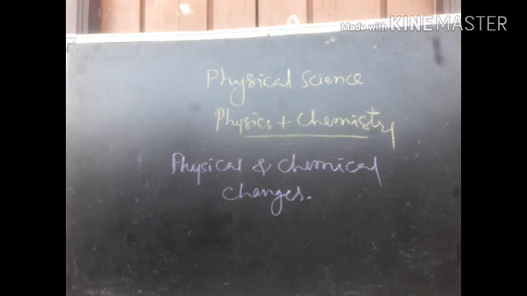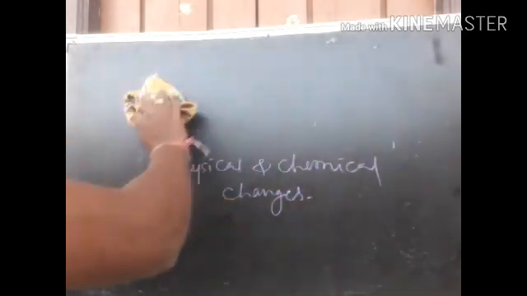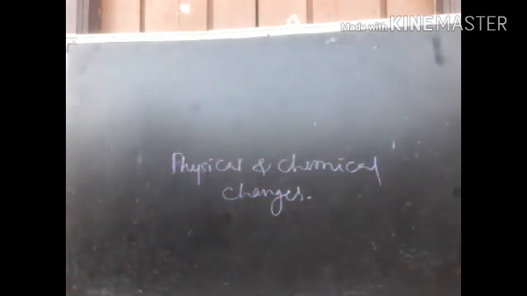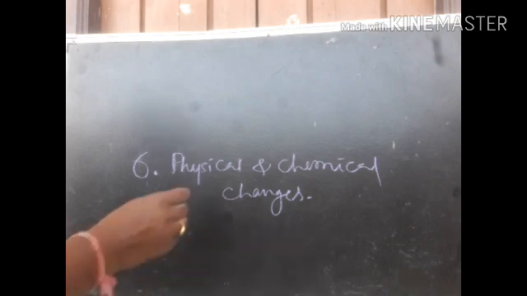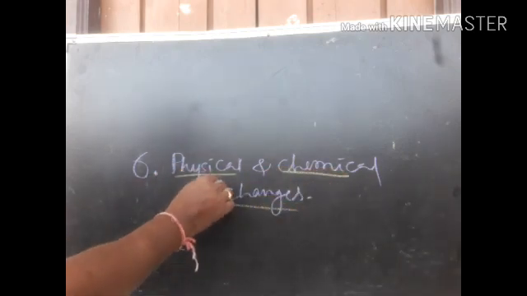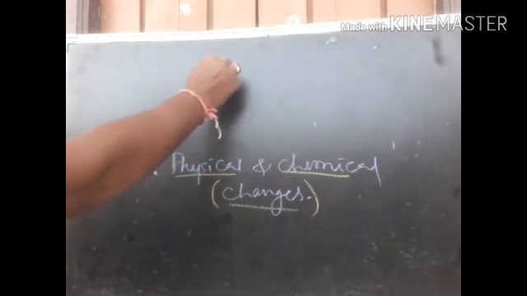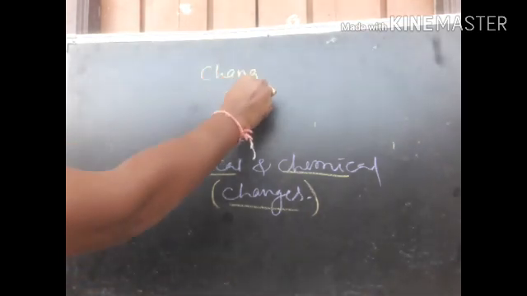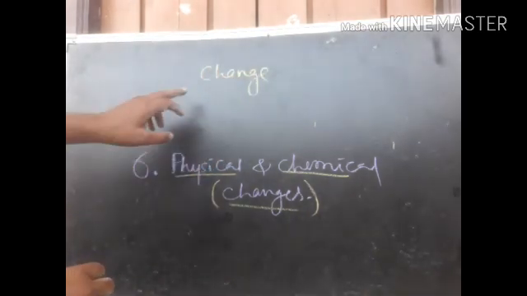So get ready to know about this. It belongs to the 6th chapter in our textbook, and it belongs to physical science. Whether it is a physical change or a chemical change, we are saying the word change.